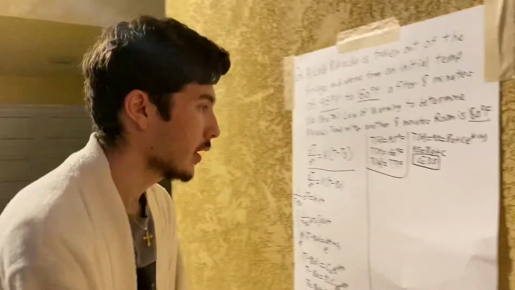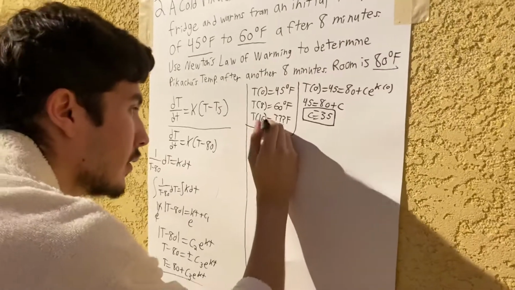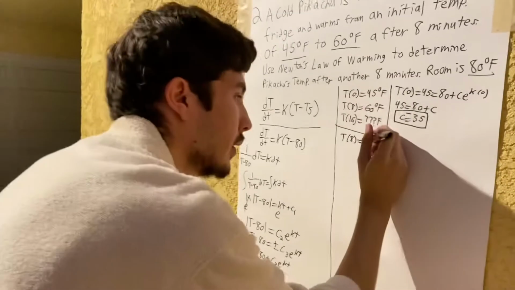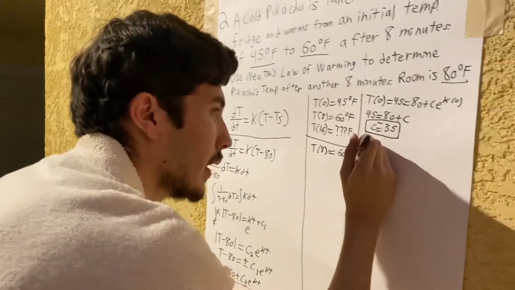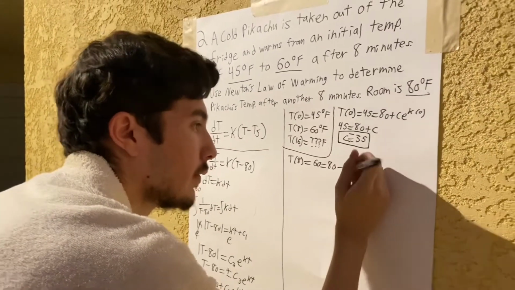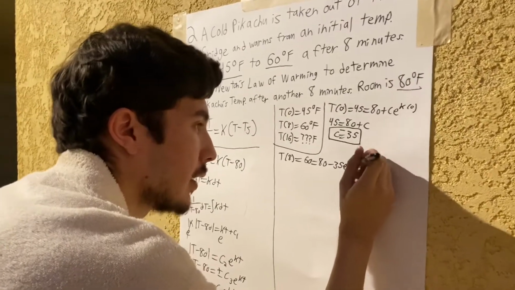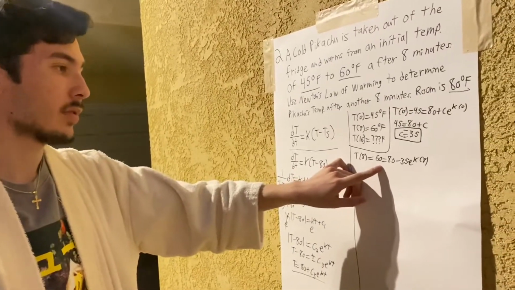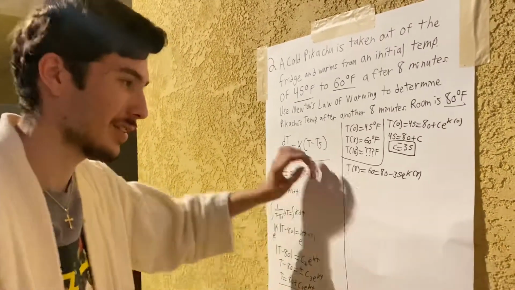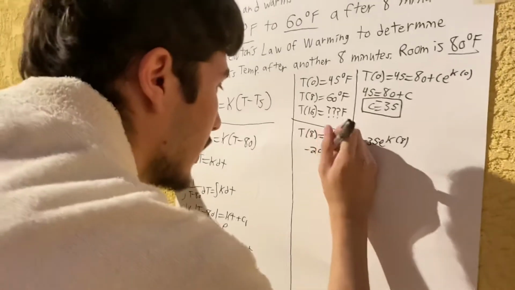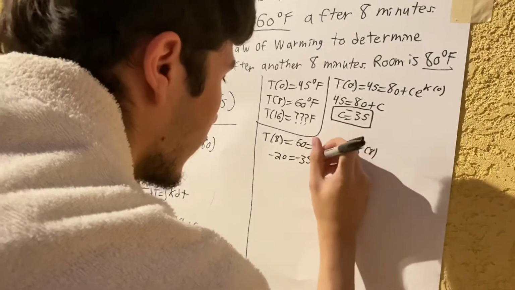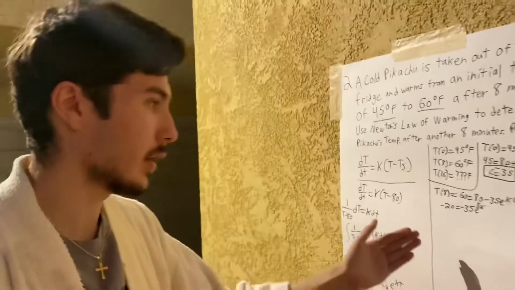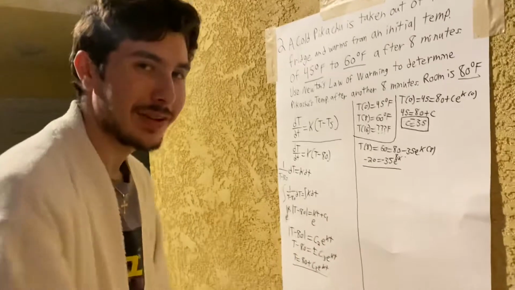That's C down, okay? So now we rewrite the equation with respect to T of 8, which equals 60, which is equal to 80 minus 35 e^(8k). So just subtract 80 from 60. That's negative 20 equals negative 35 e^(8k). Alright, writing's getting a little messy here.